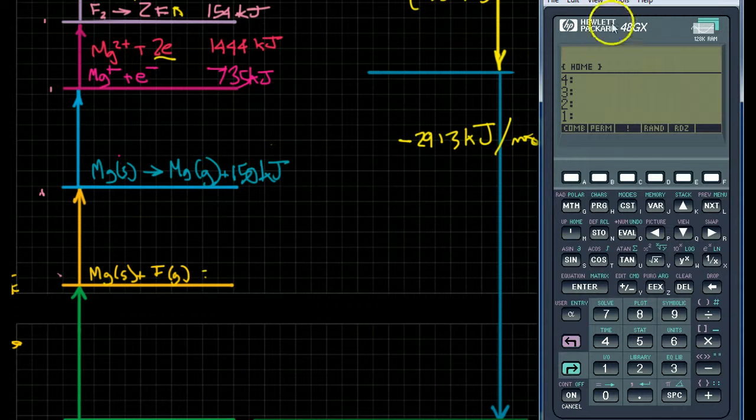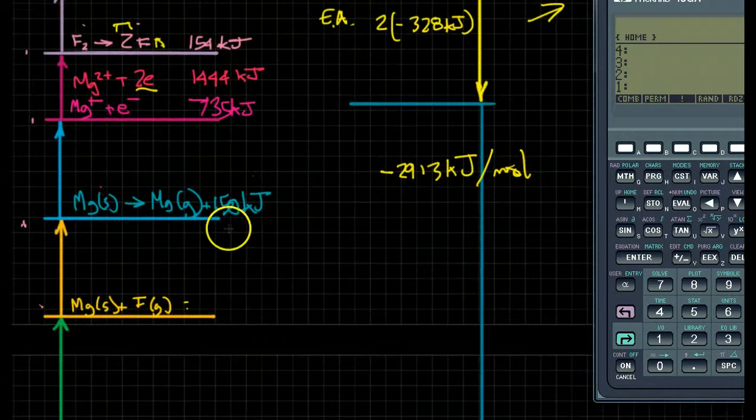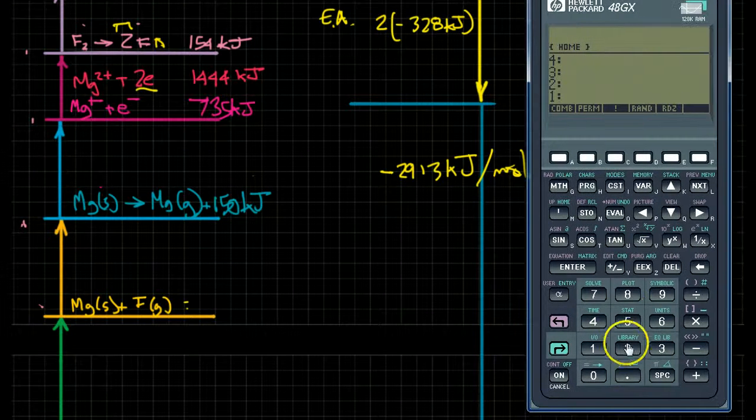So here we go. We're going to say 150 for sublimation. Right? The next two are going to be 735, that kicks off the first electron, and 1444, which kicks off the next electron. Bond energy, that's right here, is going to be 154 because we're breaking up that diatomic fluorine.